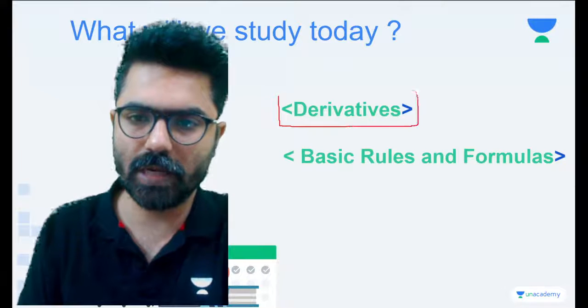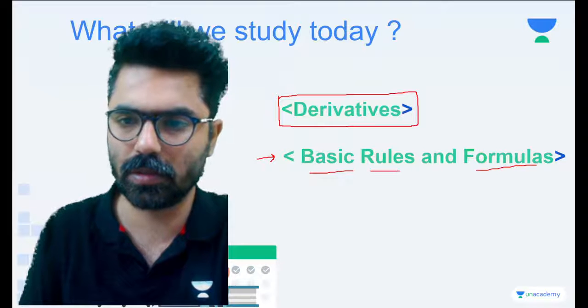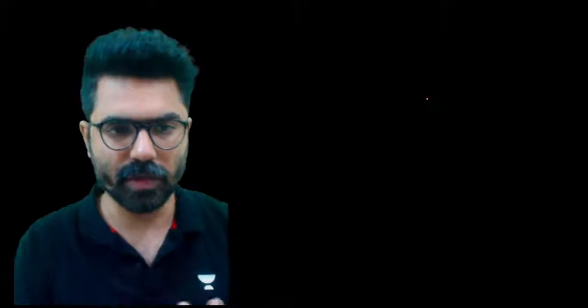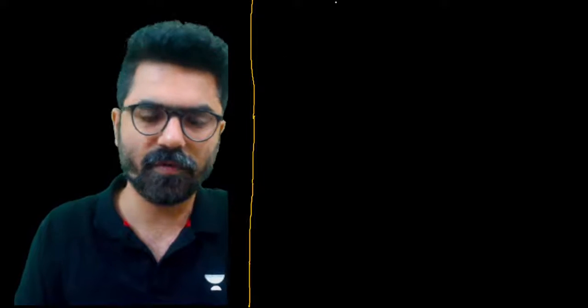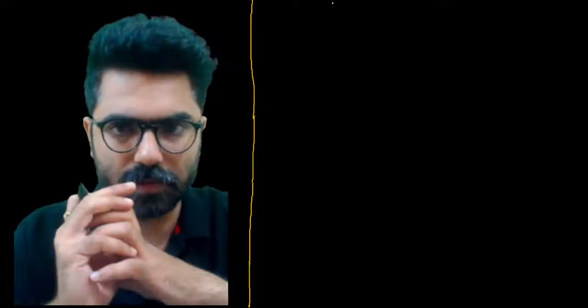Today's topic is derivatives, and we are going to learn the basic derivatives, basic rules and formulas. Let's start with the topic. The first important thing in derivatives is that you have to remember all the formulas.